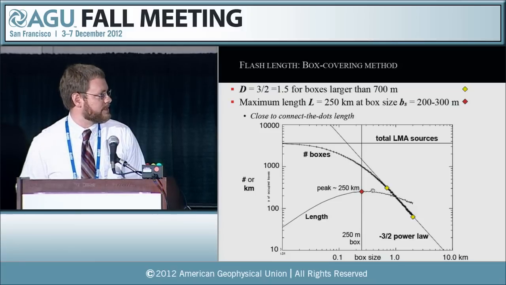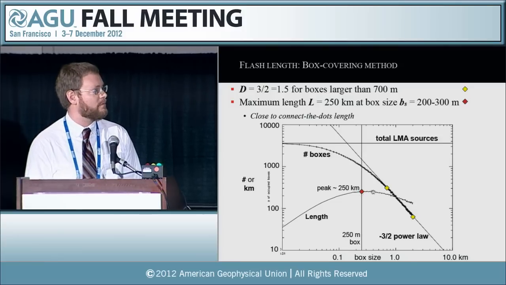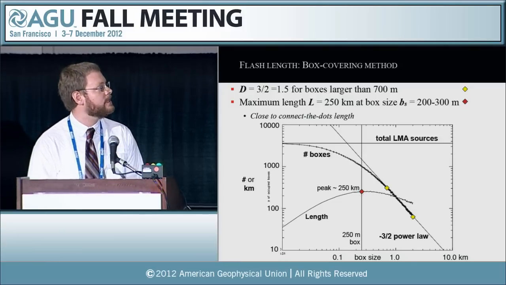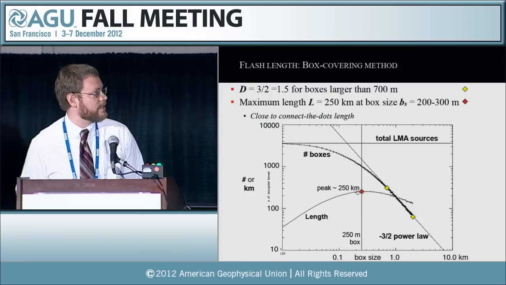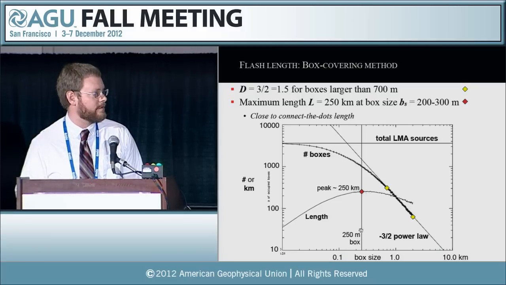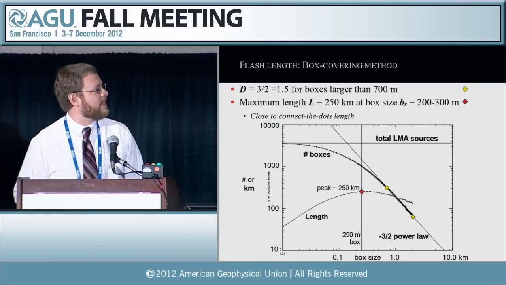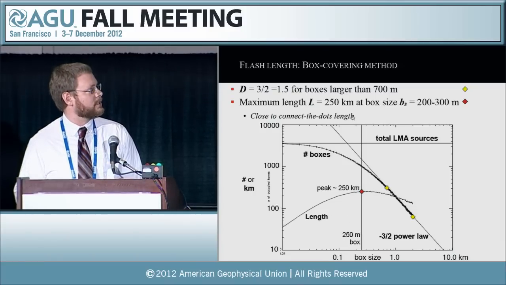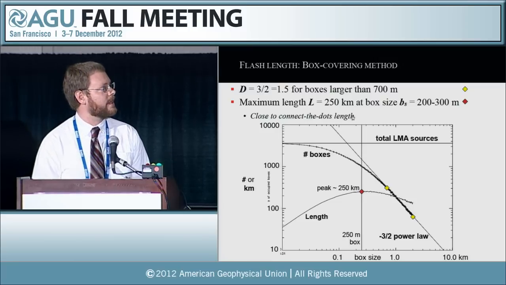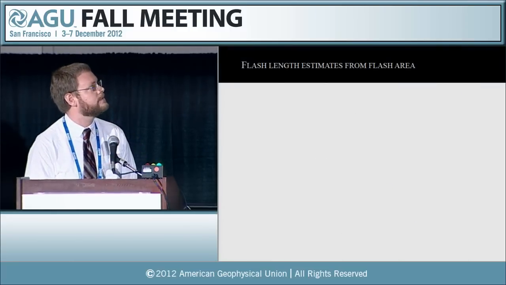Then there's also this curve here, which is the total length calculated using that simple formula, number of boxes times the box size. And there's a peak in that distribution right around 250 kilometers total length for a 250 meter box size. So that peak is close to the connect-the-dots length for at least the main channel segments, those white segments.